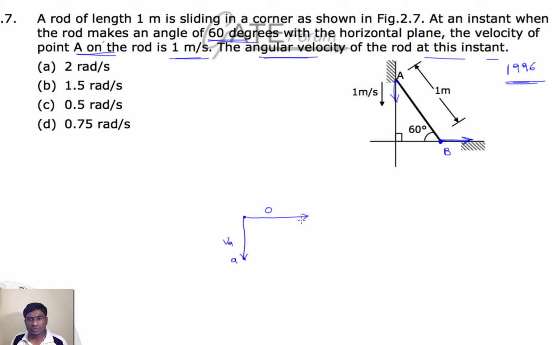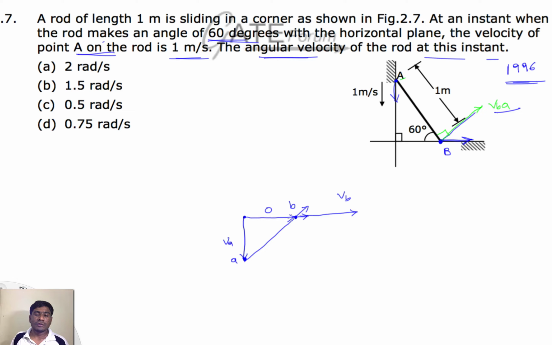We don't know its magnitude, so I will draw a bigger one, VB. Now we need to draw the relative velocity between points A and B. This is the velocity of the link, VBA, and it should be perpendicular to the link, starting from A and ending at B. So you start at this known point and draw a line parallel to the velocity vector VBA so that it touches here again. This can be identified as point B.